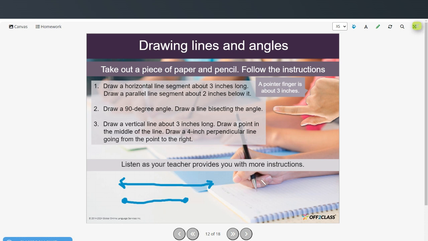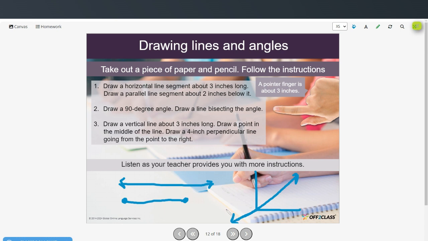Then draw a 90-degree angle. Draw a line bisecting the angle. So a 90-degree angle is this, and then a line bisecting. It should be straight across.